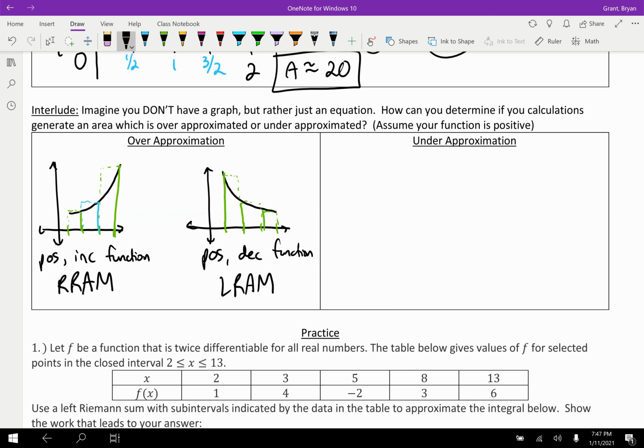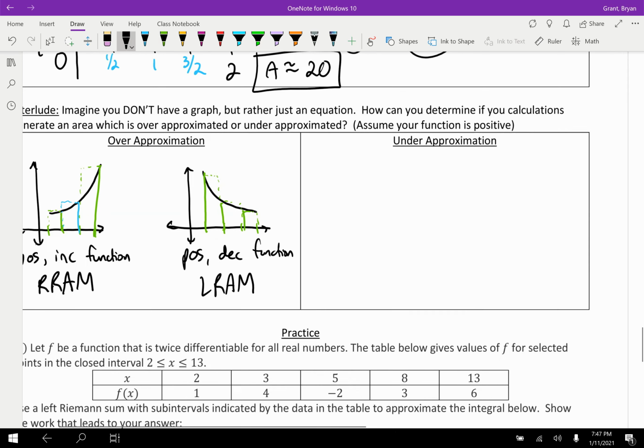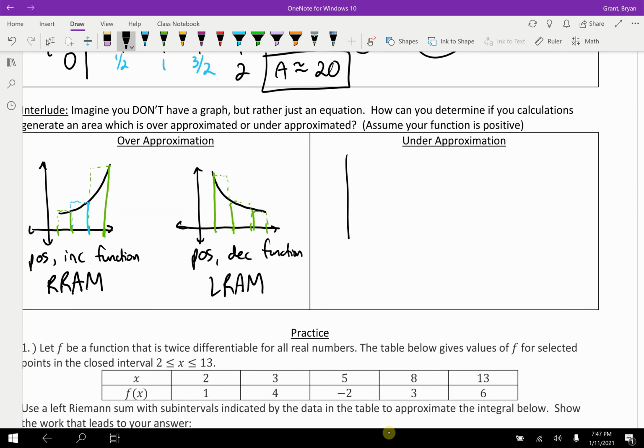No, definitely not. What they're going to do is tell you if your function is increasing or decreasing. And they might say, and we'll do this for our under approximation, they might say, oh, you have a positive decreasing function. We're like, cool. And then they say, we want you to perform a right rectangular approximation method for this function, for our positive decreasing function.